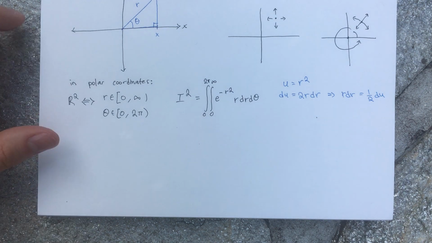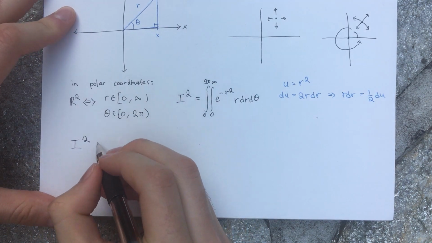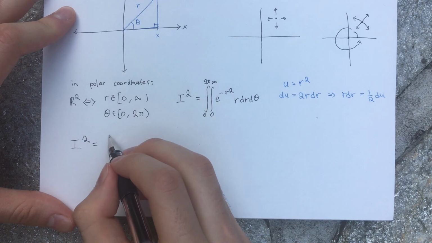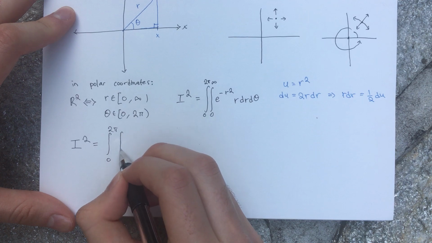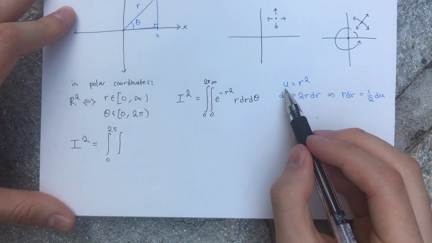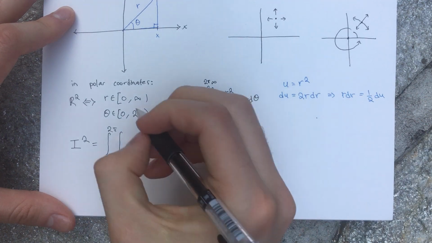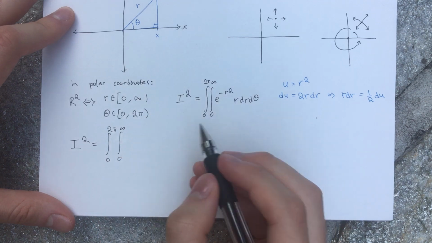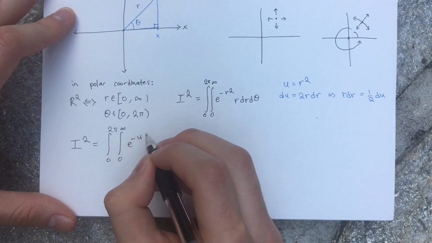Let's finish this integral off. Here we have I squared is equal to the integral from 0 to 2 pi. Here, as r goes to 0, u goes to 0. So we have 0. As r goes to infinity, u also goes to infinity. So the bounds are actually the same. Here we have e to the minus u.